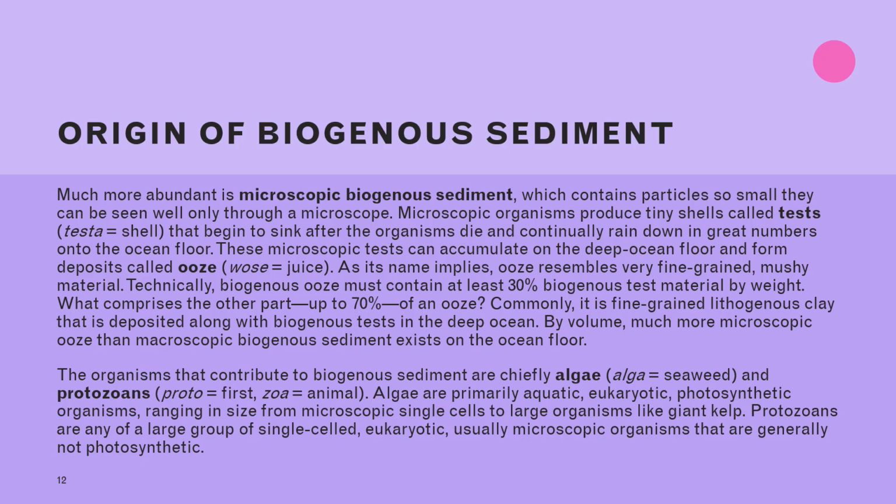The organisms that contribute to biogenous sediment are chiefly algae and protozoans. Algae are primarily aquatic, eukaryotic, photosynthetic organisms ranging in size from microscopic single cells to large organisms like giant kelp. And protozoans are any of the large group of single-celled eukaryotic, usually microscopic organisms that are generally not photosynthetic.